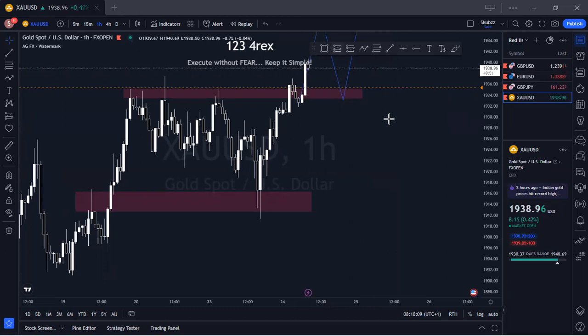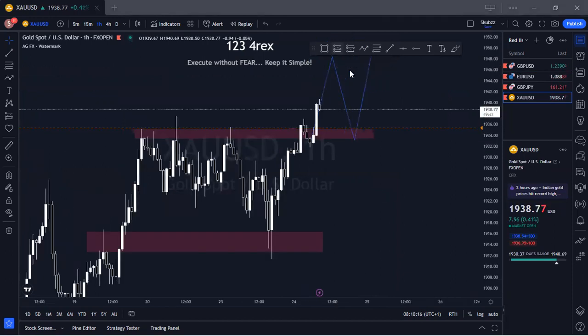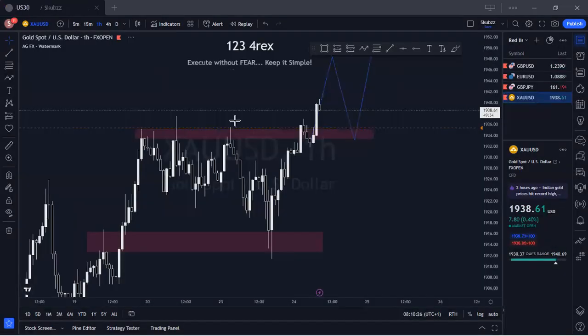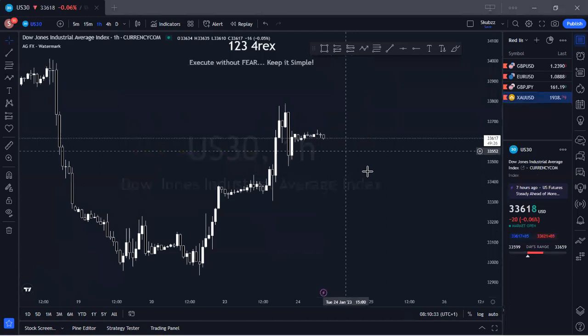US 30. Okay, let's see. I'm not a US 30 person because I've not observed where US 30 has a respected structure.